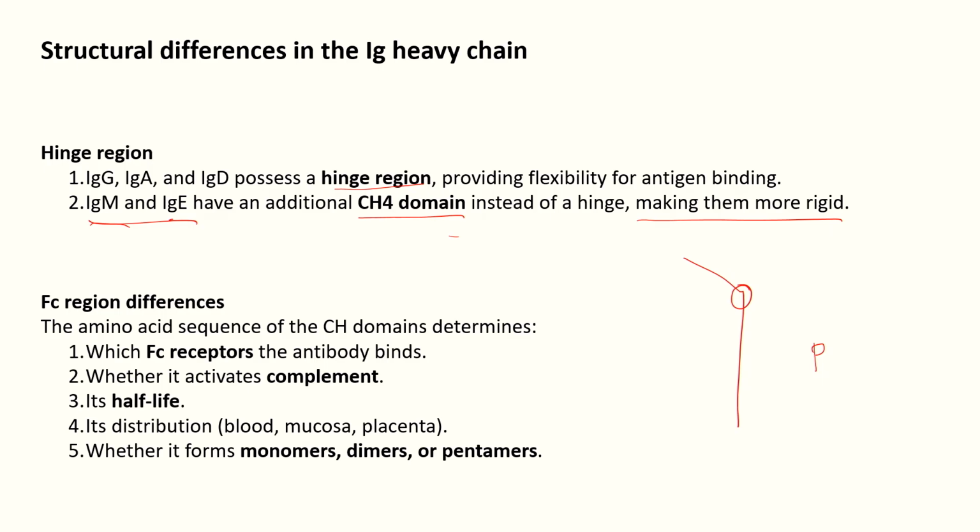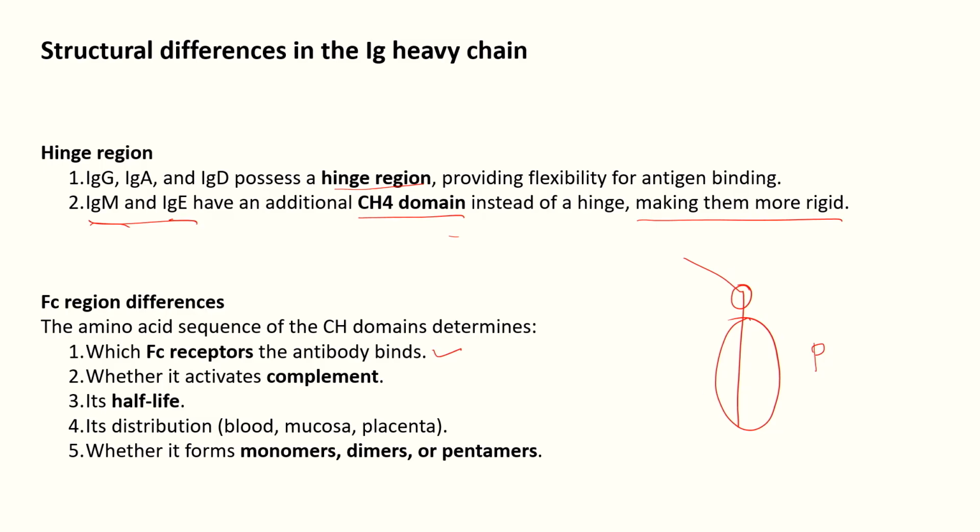Now when we see the FC region, this FC region is also very important, and it can help us understand a few important things about the immunoglobulins. First, which FC receptor the antibody will bind will largely depend upon the amino acid sequence present in this constant region.